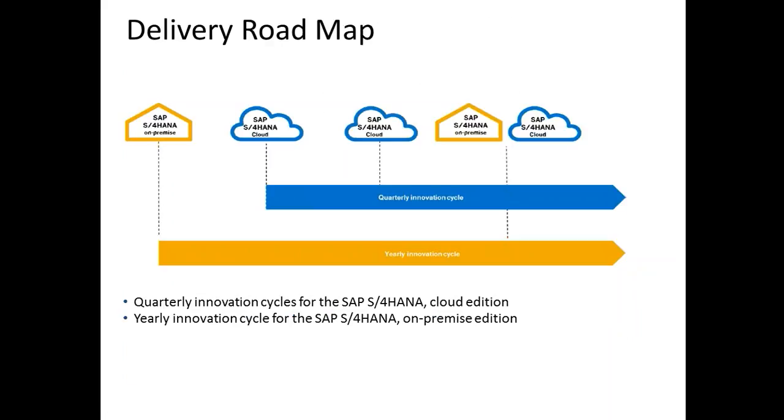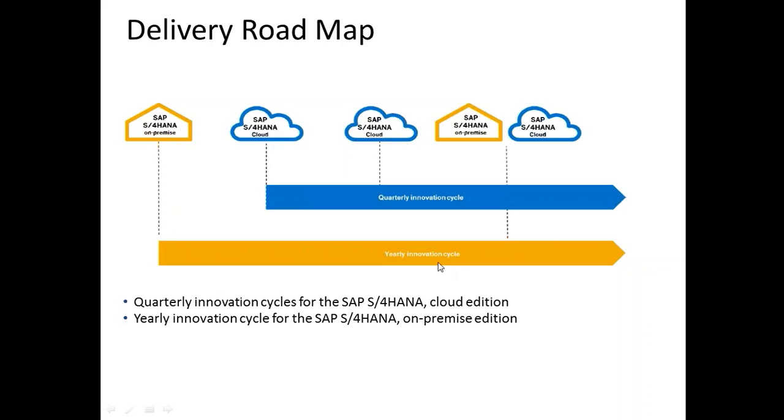And this is the delivery roadmap with which SAP S/4HANA comes. In the last slides we discussed that SAP S/4HANA can be consumed as a solution based on any deployment mode, that is cloud and on-premise. The innovation for the cloud platform is quarterly in nature, and the innovation for SAP S/4HANA on-premise is yearly in nature.